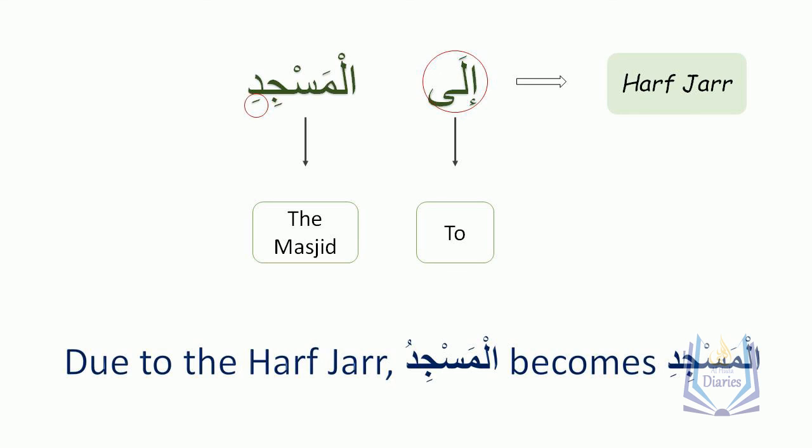You don't say ilal masjidu, you say ilal masjidi. Why do you say masjidi? Because ila is a harf jar and it has had an effect on the i'rab of masjid, which by default, usually all nouns, all isms, are in the rafa state. But because of the harf jar, it has acted on the word, the ism masjid, and therefore masjidu becomes masjidi.